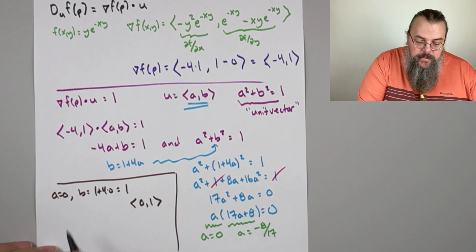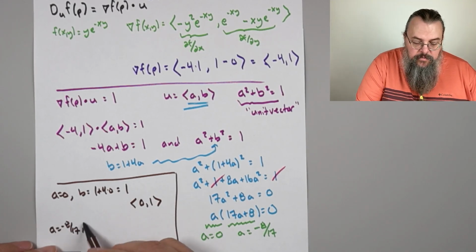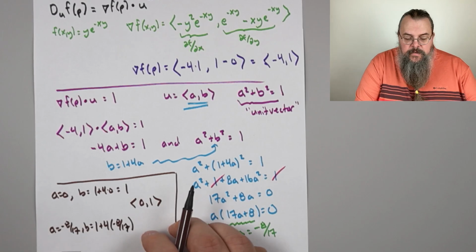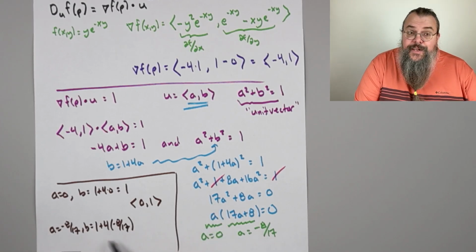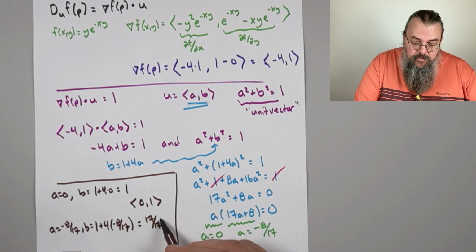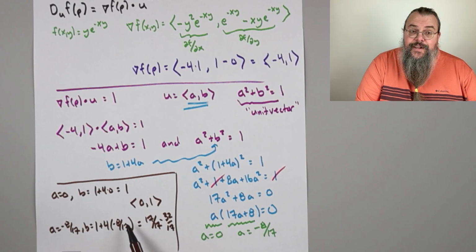All right. And then when a is equal to minus 8 over 17, well, b is equal to 1 plus 4 times negative 8 over 17. Well, let's be careful here. They have 17 downstairs, so we get 17 over 17 from the first term minus 32 over 17, right? 4 times 8.